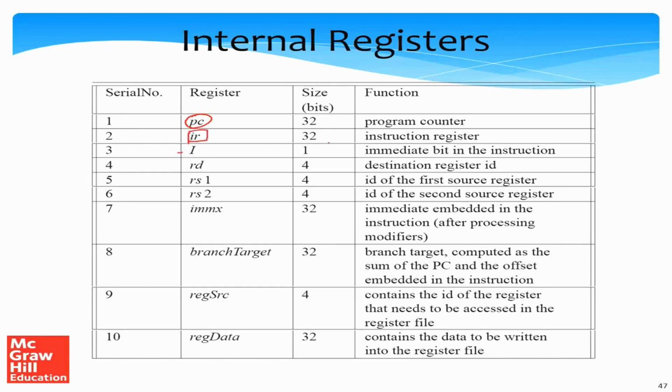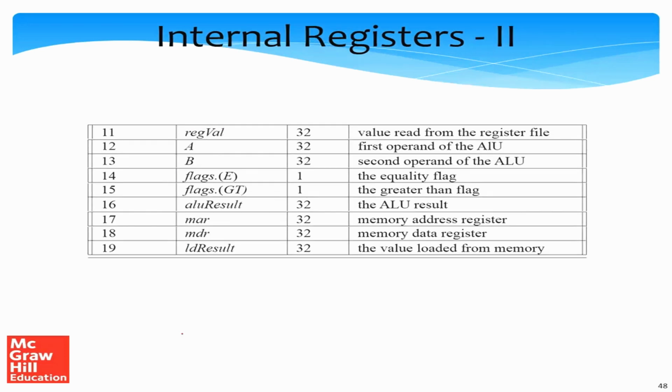The I micro register is a single bit, the immediate bit. RD, RS1 and RS2 contain the destination register ID and the IDs of the first and second sources. The 32-bit extended immediate is stored in the IMEX micro register, the branch target in the branch target micro register, and reg source, reg data, and regval encapsulate the register file.